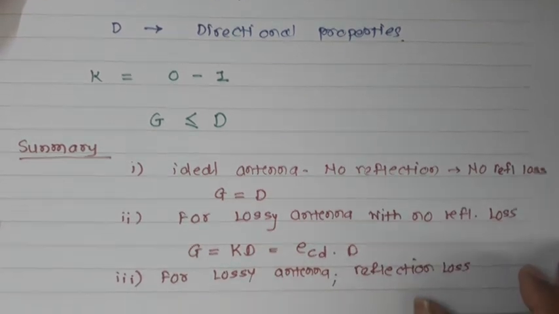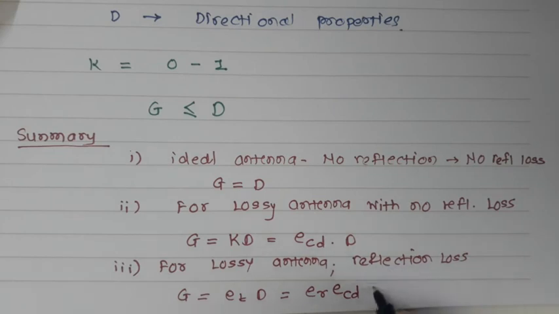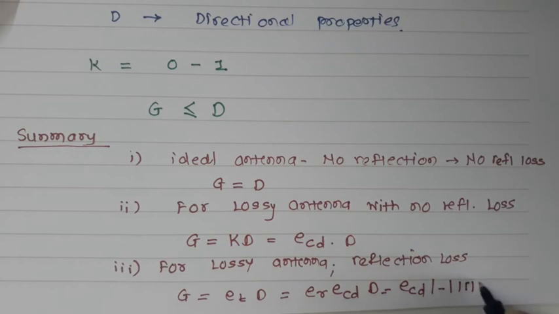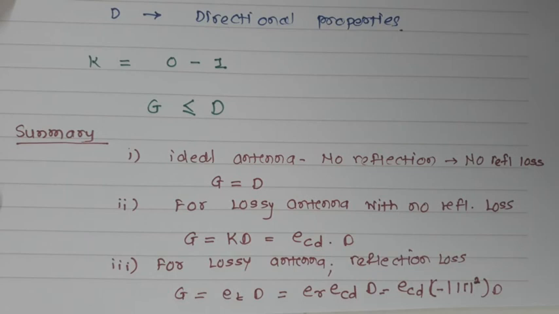Then G is equal to ET D, where ET is the reflection efficiency times ECD. So G equals ECD times 1 minus the magnitude of the reflection coefficient squared, into D. So this is all about the comparison between directivity and gain. We'll stop here, and in the next session we'll probably talk about problems based on this relationship. Thank you.